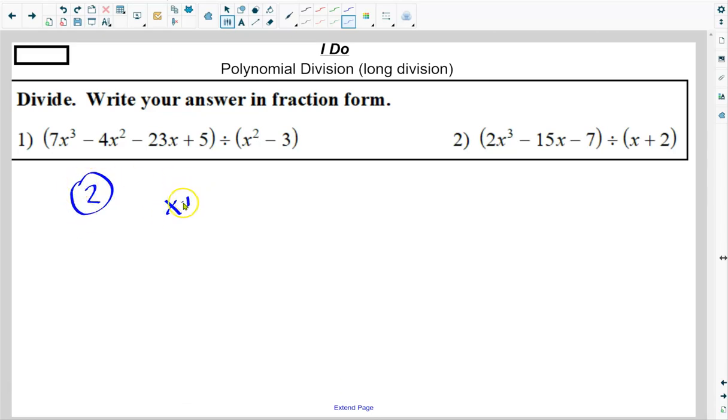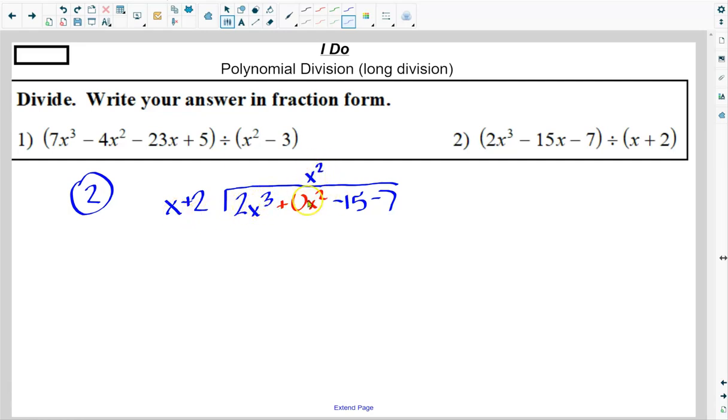We've got our divisor. Okay, we have our dividend. He doesn't have an x squared, but we've been here before, right? So x, what do I need to multiply to give me 2x cubed? Okay, well, this is 1x and I need 3 total, so I need 2 of them.